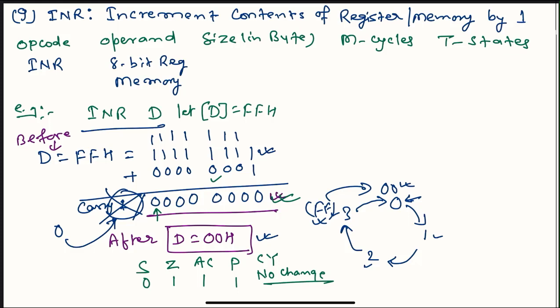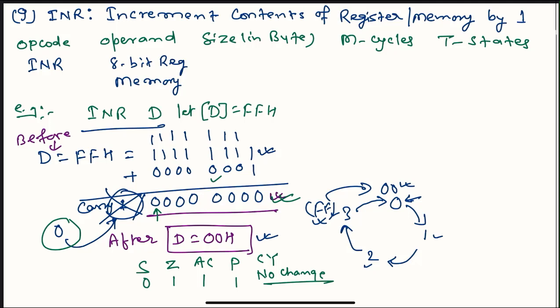So in this analysis, if a carry bit is generated in the addition, that is, if the value of D is incremented by 1 and any carry is generated here, it should be discarded, and carry should be taken as 0, or whatever its previous value was, it will remain the same.